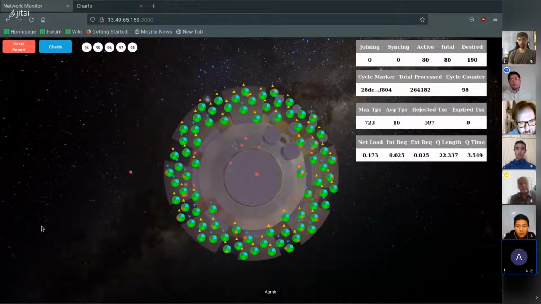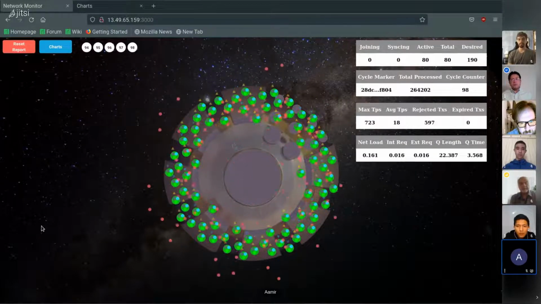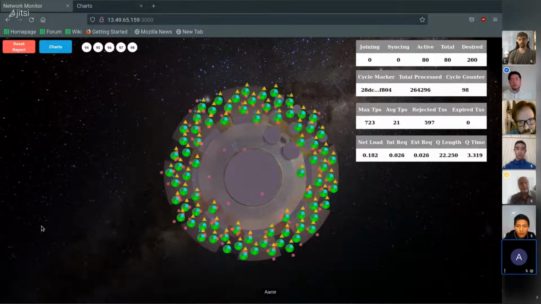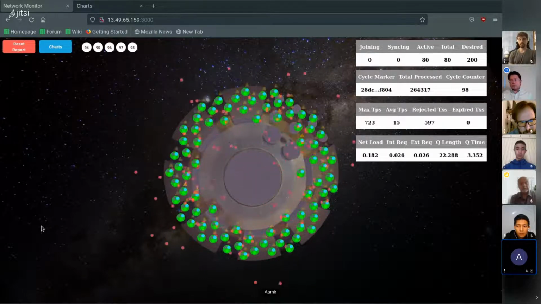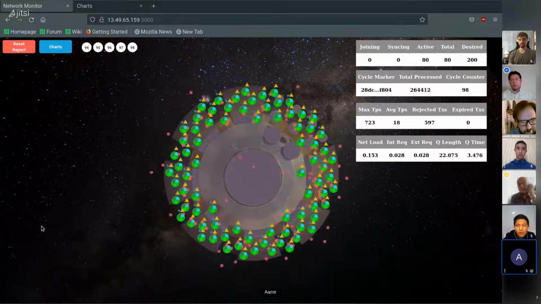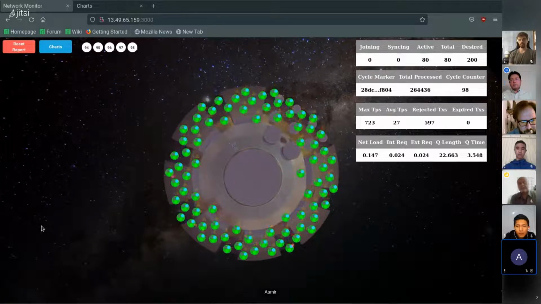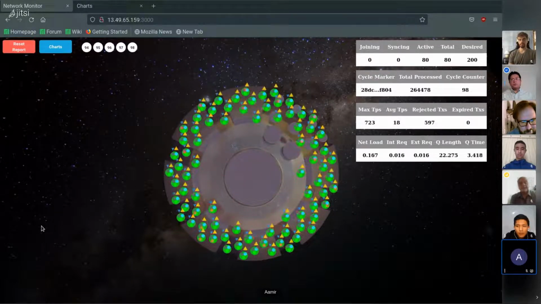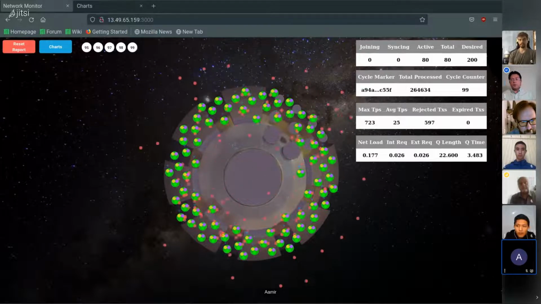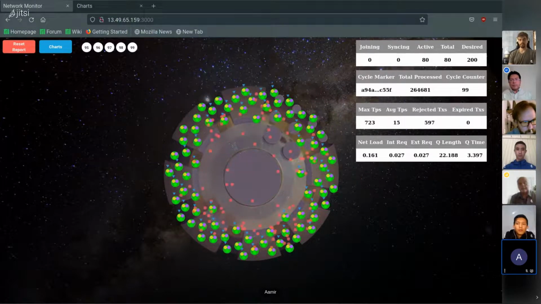So for a public network, you probably want to have at least 100 nodes in your shard. We're just doing this as a demo, so we're using fairly small shard sizes. In those kinds of networks, you would have thousands of nodes, and then maybe 100 or 200 nodes per shard for a public network. Okay, great.